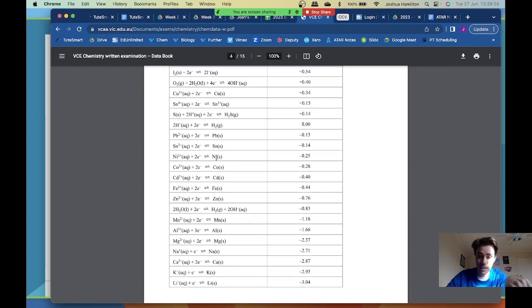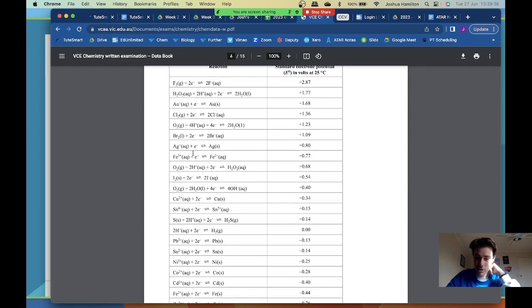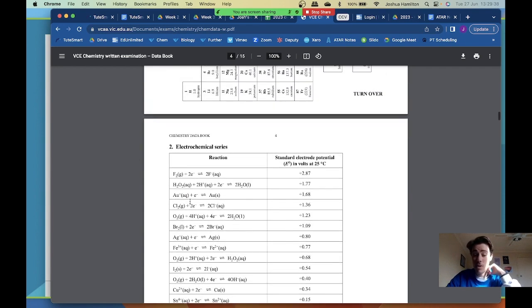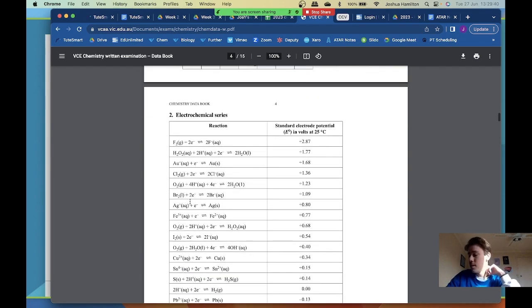We can flip these and put the Ni solid here, and then Ni2+ + 2e-, and therefore this would be oxidation. But they're all produced as reduction equations, so they're all reduction equations for now. Don't worry too much about it.